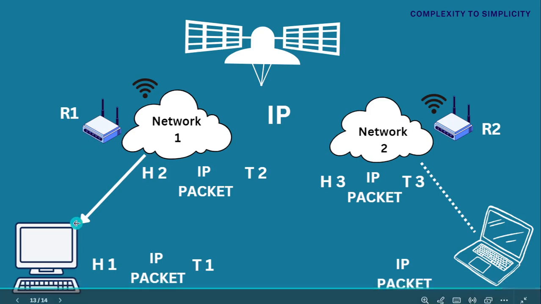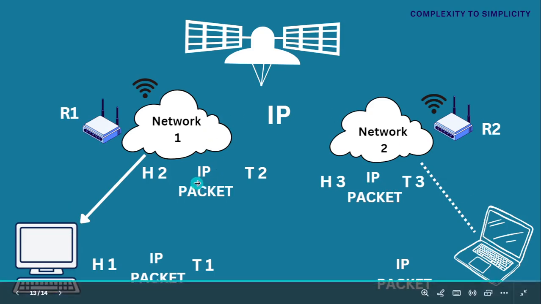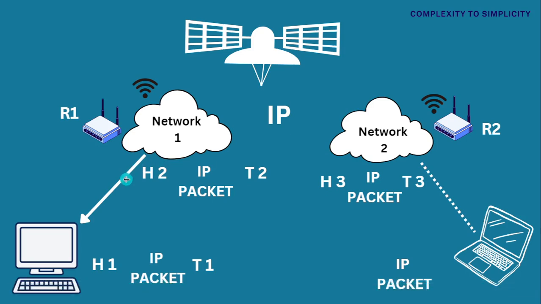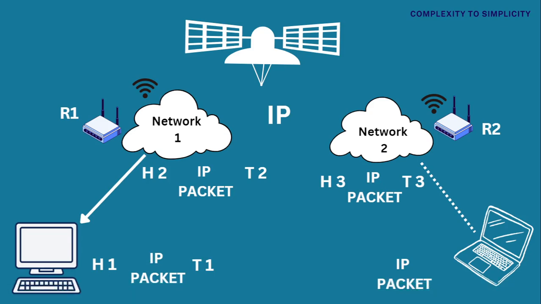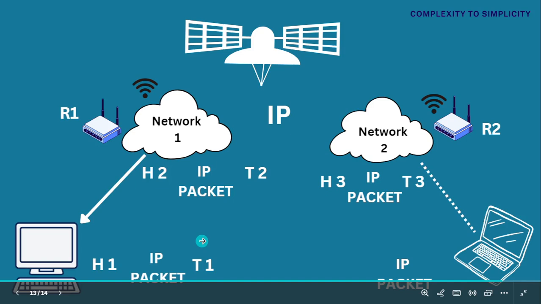Now, if the desktop wants to send data to the laptop, based on the medium used to connect the desktop to router R1, that is the Ethernet cable, the IP packet that is going to be transmitted is encapsulated. That means there is an addition of a head and tail to this IP packet, and it will be converted into a frame, right?